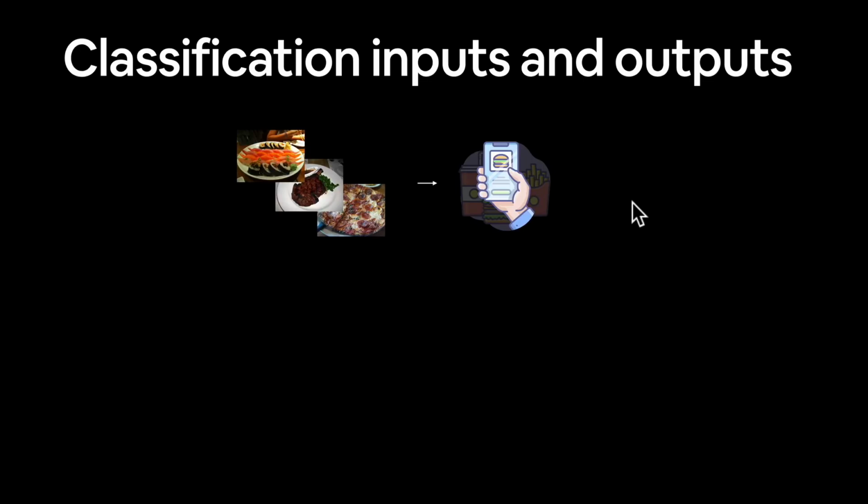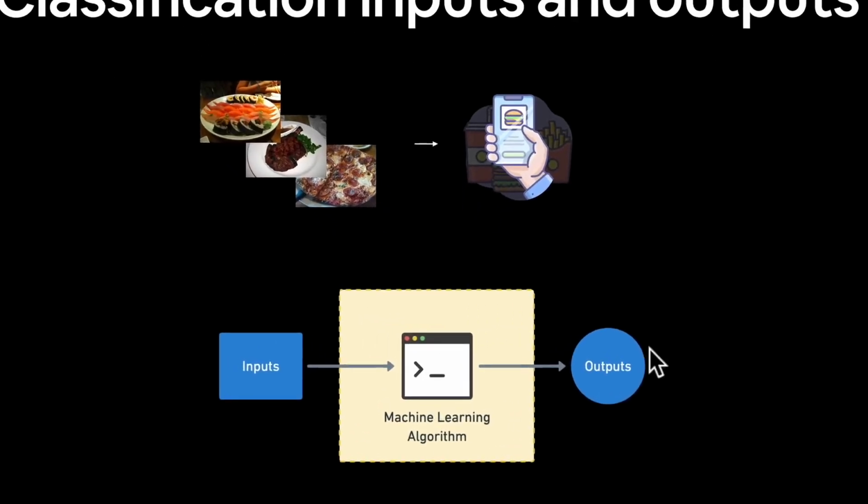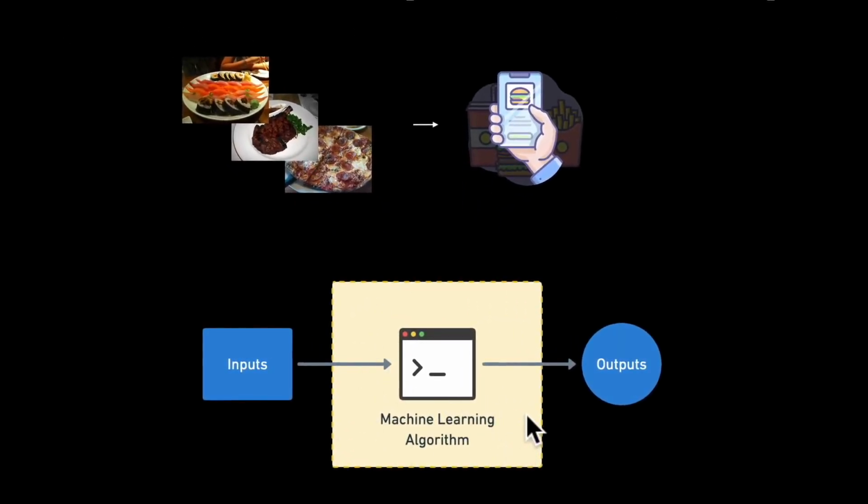Now, what might this look like in practice? So, here's our little scenario. This is our machine learning algorithm that we might build, or deep learning algorithm. And we've already discussed what our inputs are and what our ideal outputs are.